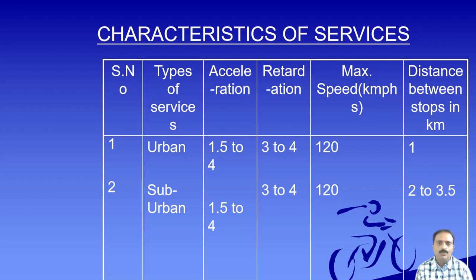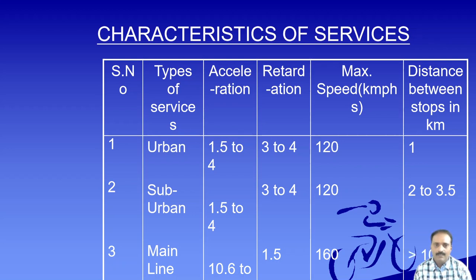The distance will be 2 to 3.5, and for mainline services, the acceleration will be 0.6 to 0.8 kmphps. It is typed wrongly here. And 1.5 will be the retardation, and the maximum speed will be a little bit more compared to the previous services, and the distance will be greater than 10 kilometers.